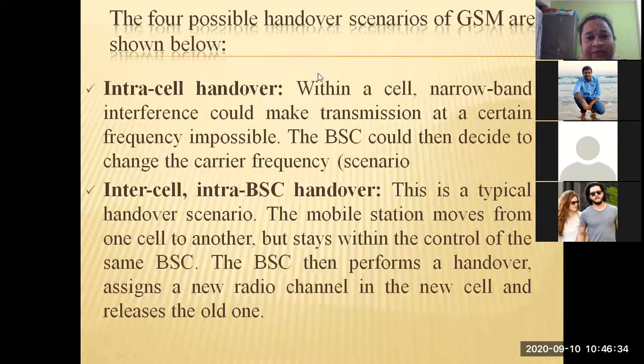Security and GPRS can be discussed in the next classes. Anybody?